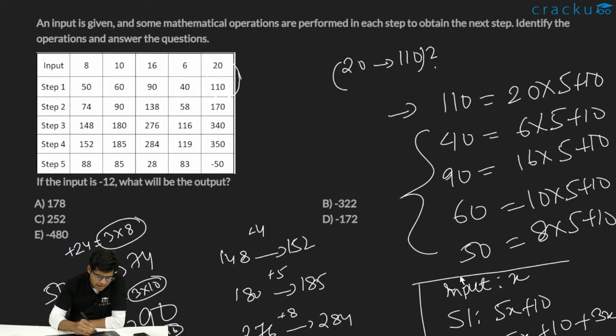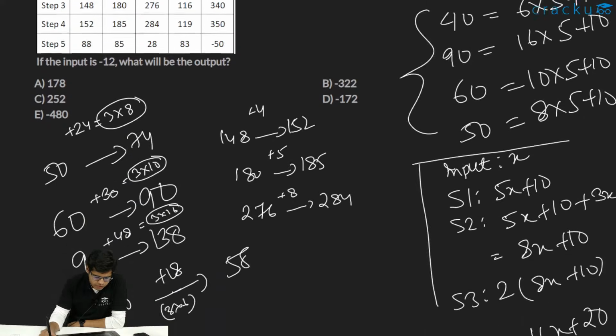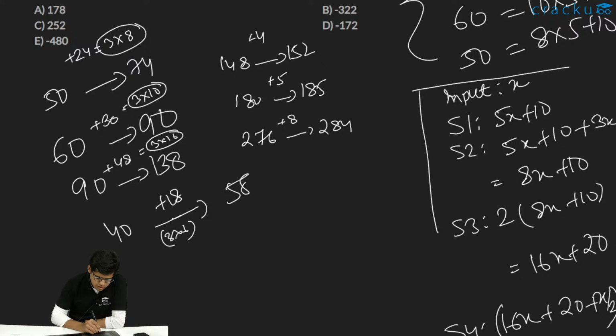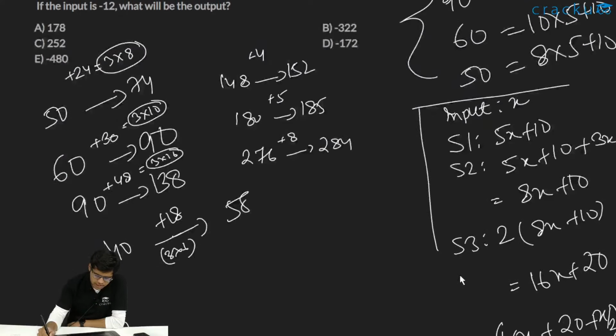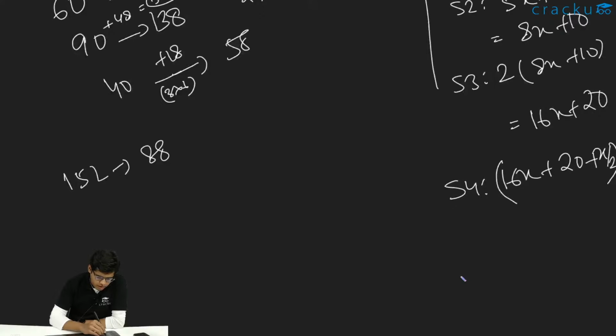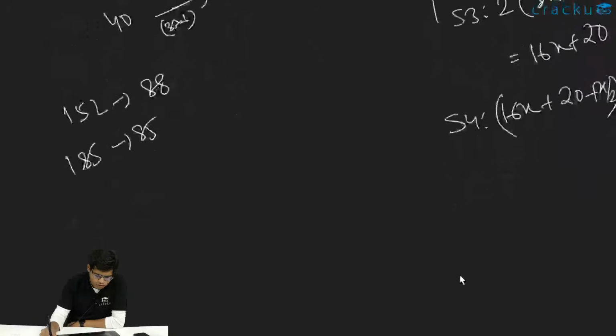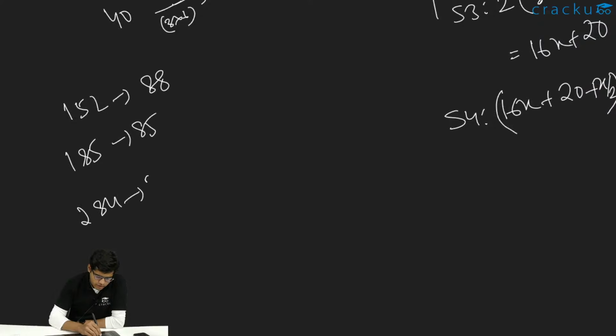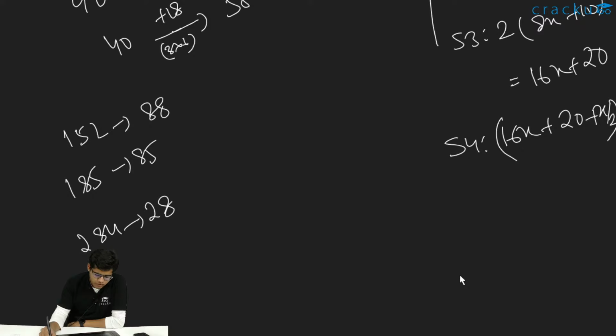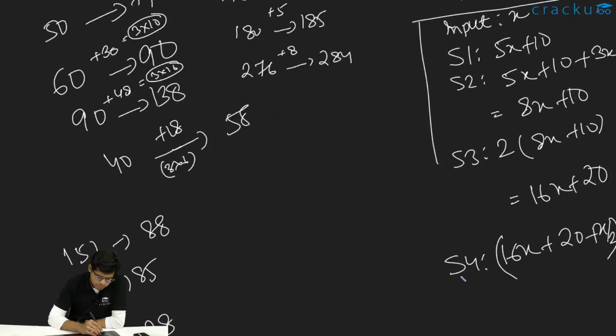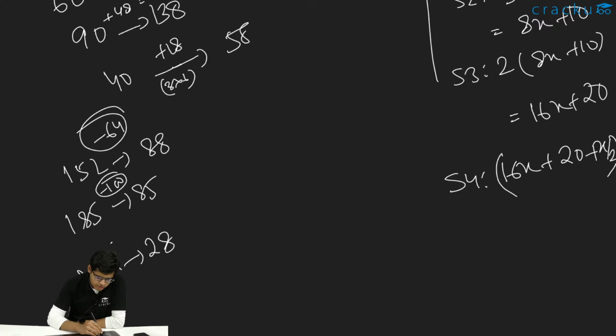Okay. And lastly what we are doing? Step 4 is 152. Step 5 is 88. Step 4 is 185. Step 5 is 85. Step 4 is 284. Step 5 is 28. 152 minus 64 is 88. 185 minus 100 is 85. 284 minus 256 is 28.